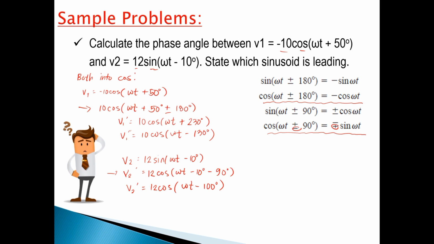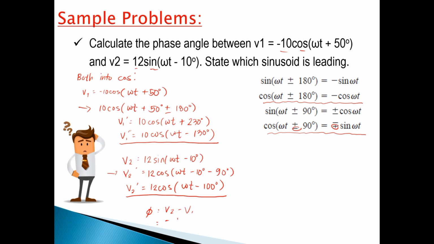So, you can find the difference. We can just use negative 130 degrees, since they are both negative and it's easy to see the relationship. For phase difference, let's just subtract. Since the phase angle of V2 is greater than the phase angle of V1, let's say that's V2 minus V1.